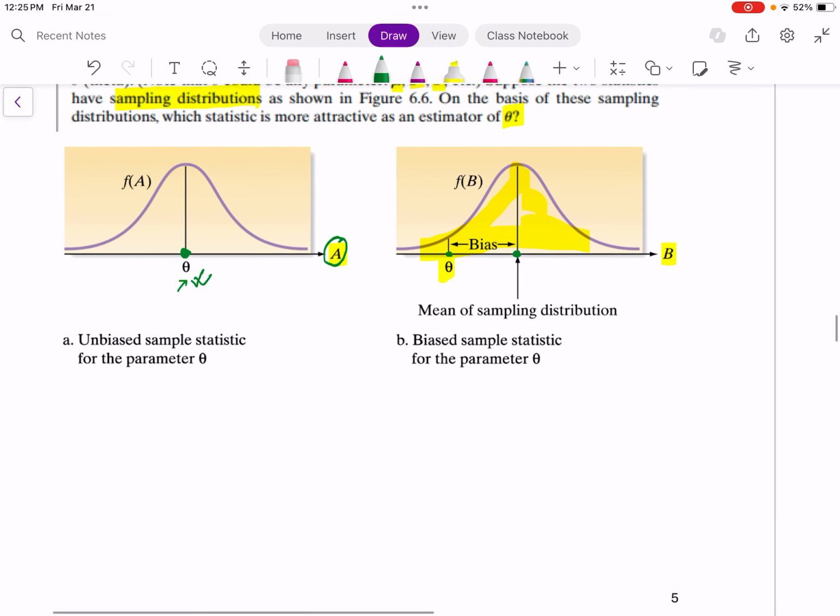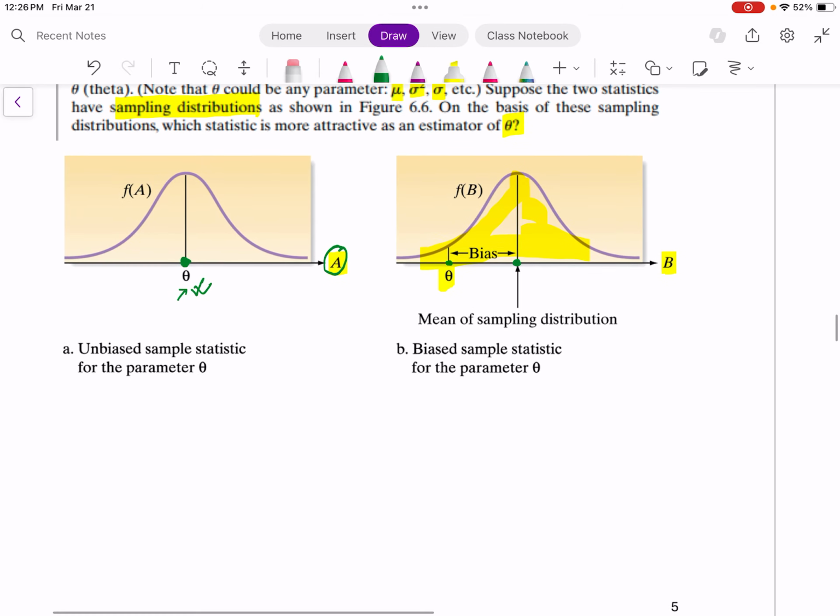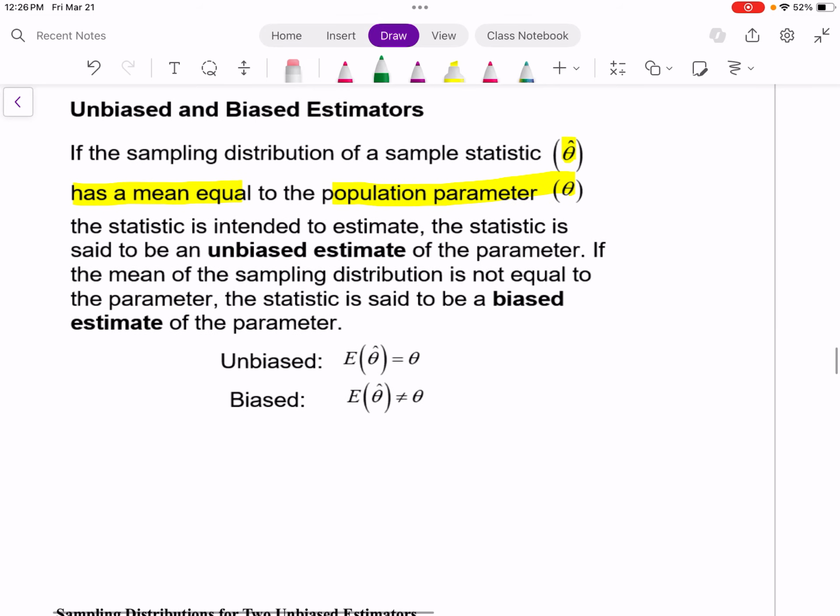So the first picture is an unbiased sampling statistic for parameter theta.